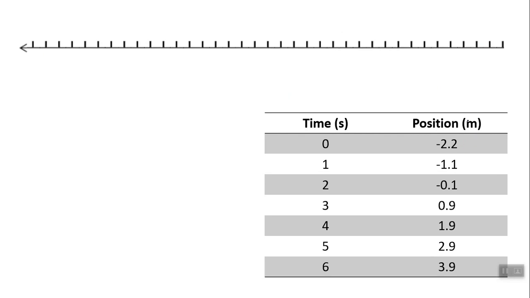What I recommend you do is look at your position data and decide what numbers this number line needs to represent. I see my smallest number is negative 2.2 and my highest number is 3.9. So I'm going to have my number line range from negative 3 up until 4. That way I can fit all of my data on my number line.